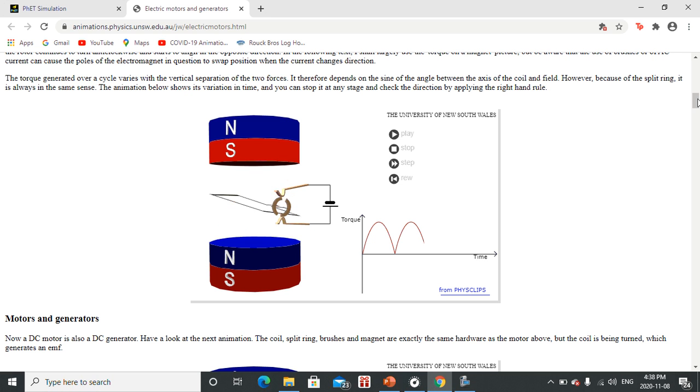So that allows for the spinning, as the magnetic fields are going to be attracted to each other, going around the wire and with the stationary magnet. And then we want the momentum to continue to rotate it until the brush makes contact with the other half of the split ring. So that's for a motor.